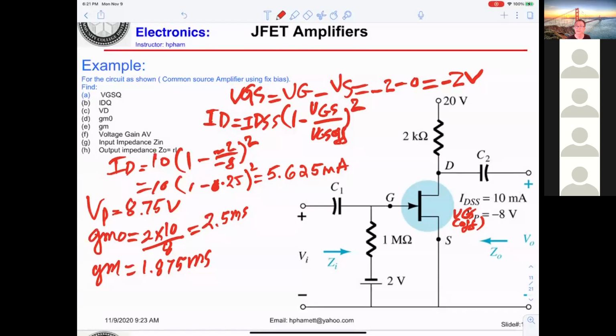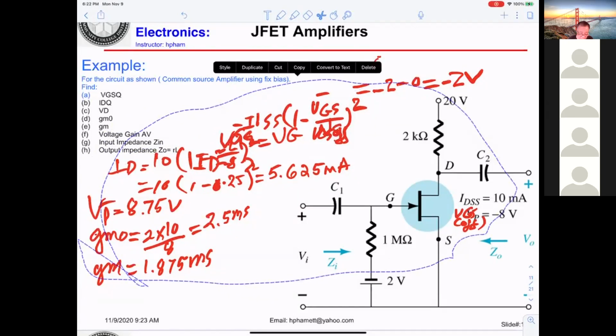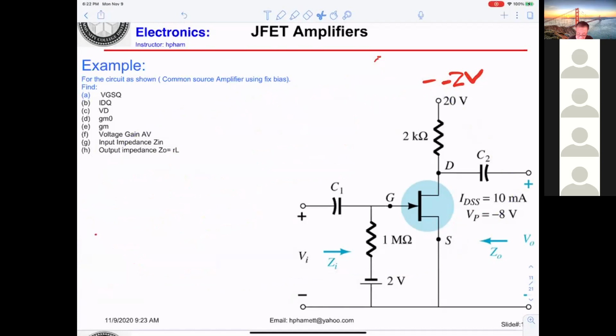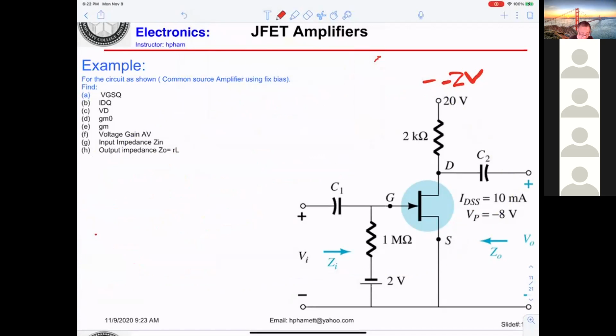Now, if you've already done up to GM, I want to know what GL equals. Is it equal to RD?